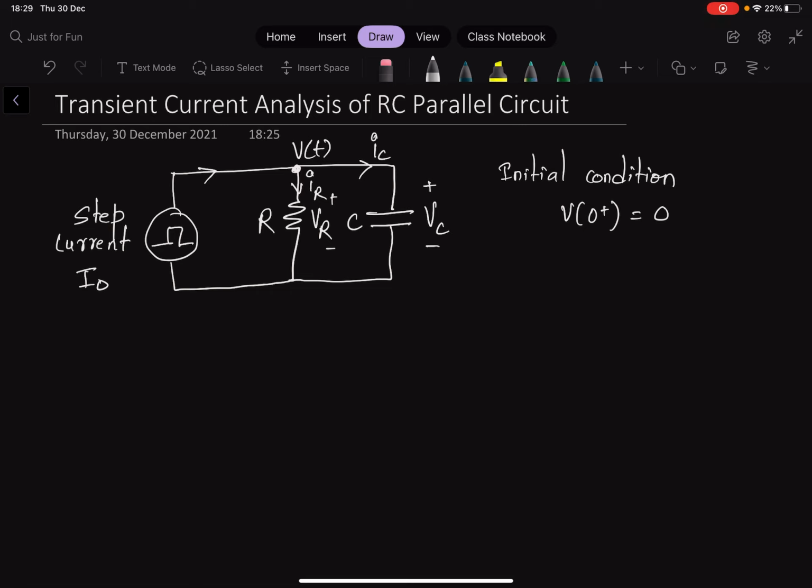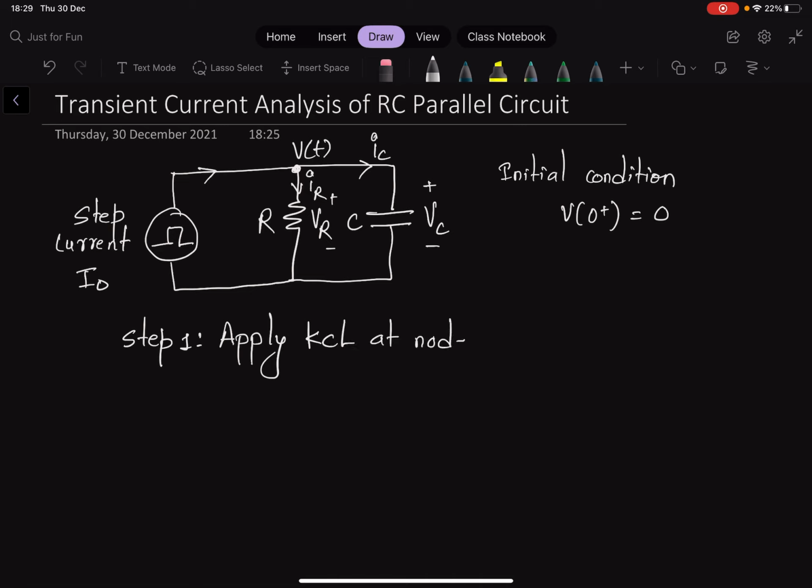So there are three steps we need to follow to solve the current and the voltage. The first step, step one, is basically we need to apply KCL at the node.